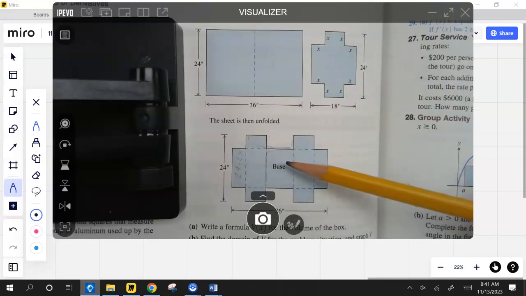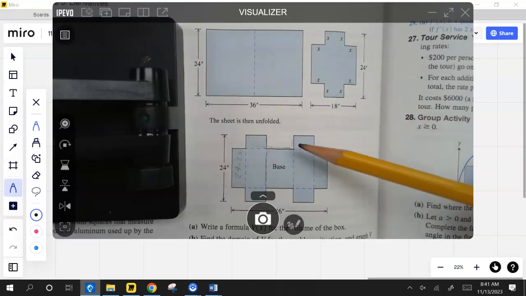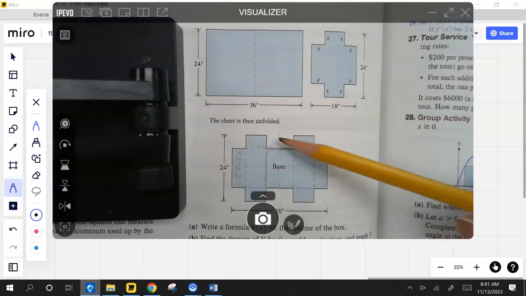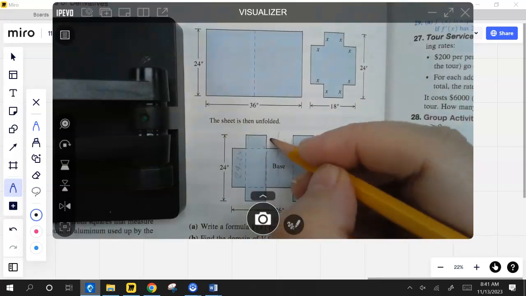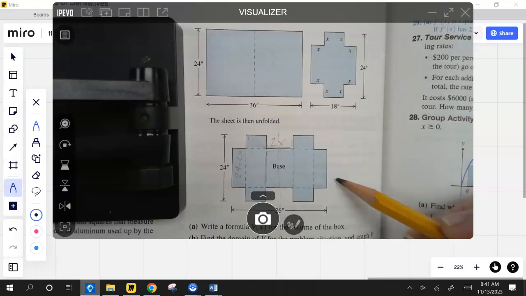That's what I was thinking. Because they folded it in half like this. This is an x and this is an x. So this is 2x, right? That's the base. So my base, so I'm 24 minus 2x by 2x. Is everybody okay on that, at least for the base part?